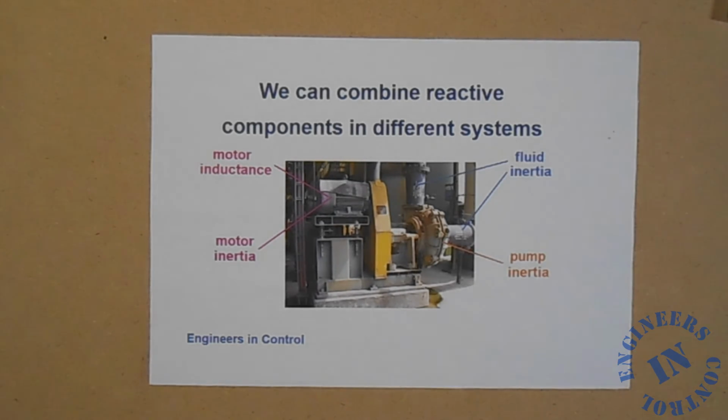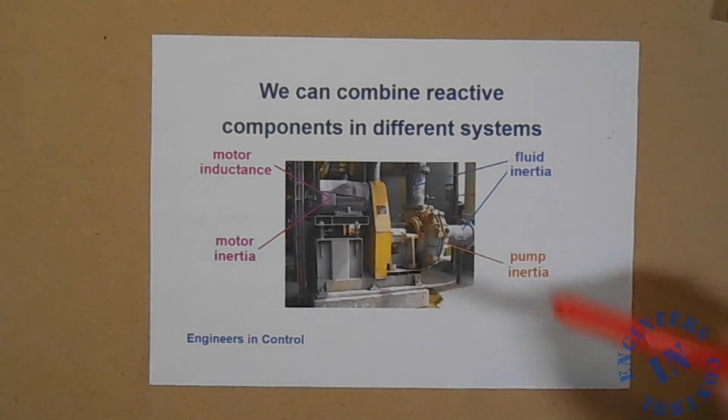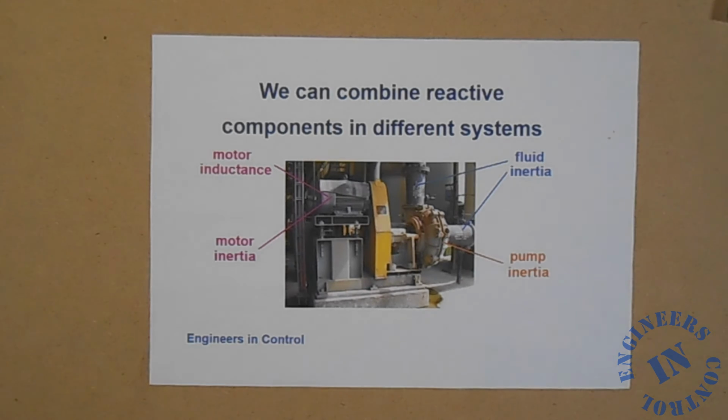It actually pumps a slurry, and so we have the inertia of the fluid flow in the pipe. So in this system we have a combination of electrical, mechanical and fluid flow. We have at least three reactive components. We have motor inductance, the motor and pump set inertia, and the inertia of the fluid flow.